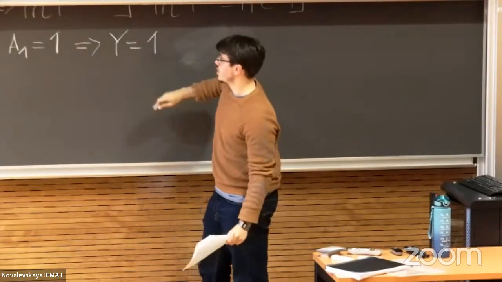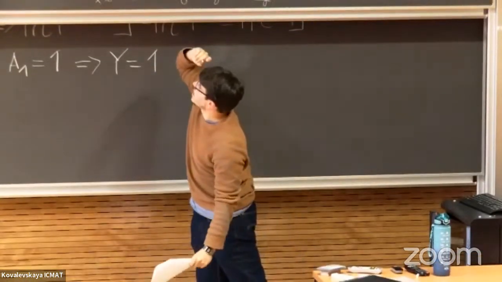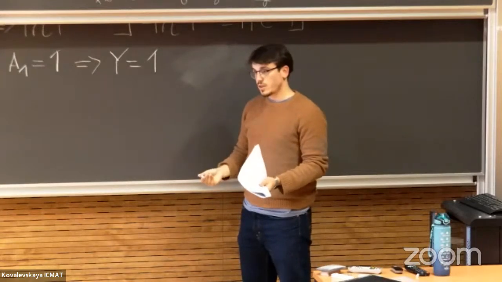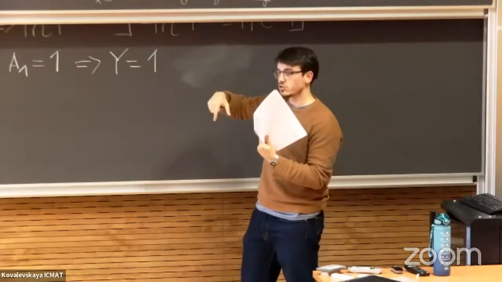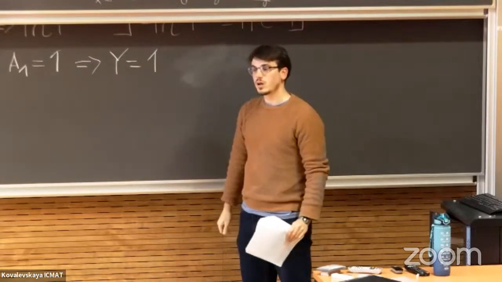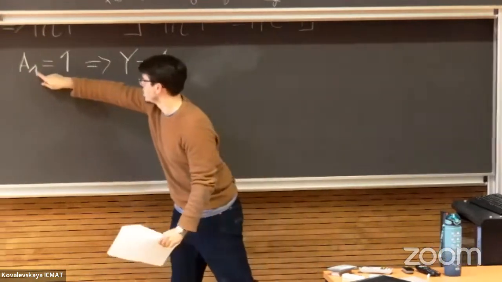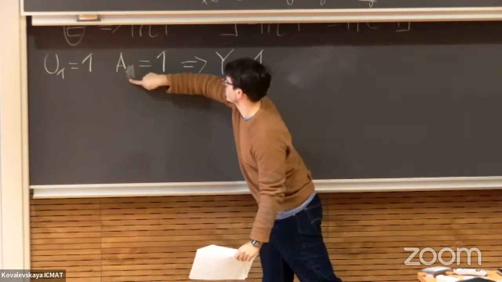The same we can do in the opposite. Suppose with A equal to 0, we cannot explain death either, because there are outcomes that are 1 and others that are 0. So we have to suppose, yeah. What is U sub 1 and A sub 1? Sorry, A equal to 1.